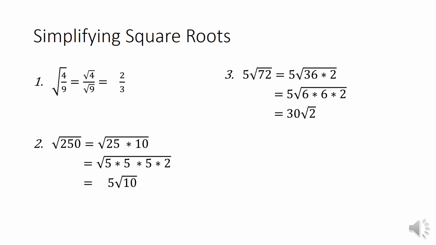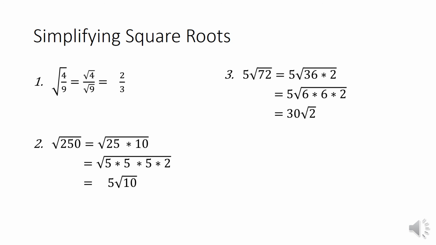We have the square root of 250. Now we can rewrite that as the square root of 25 times 10, because 25 times 10 is equal to 250. And we can break those two numbers, 25 and 10, further down into 5 times 5 times 5 times 2. Now we do have two 5's that can pair up with each other. So we can take those outside of the radical.